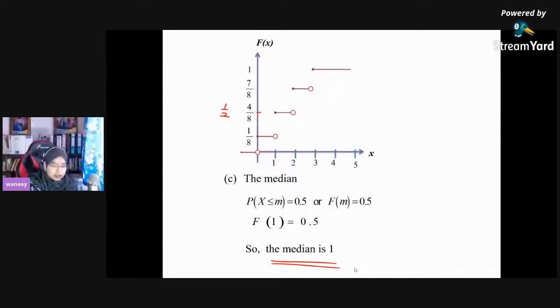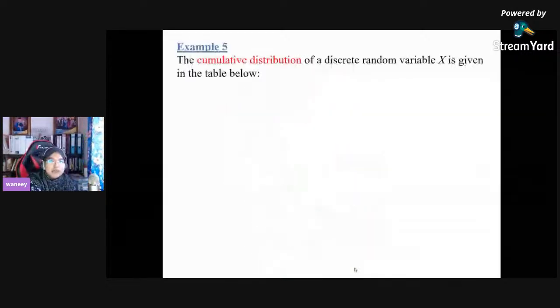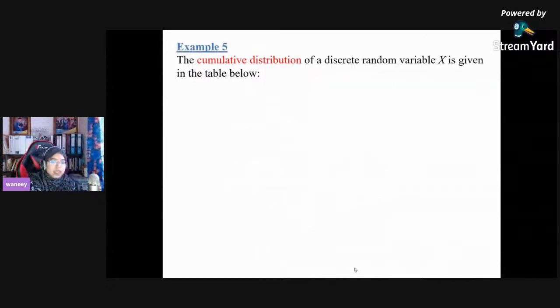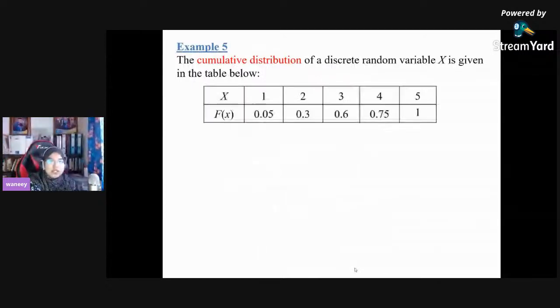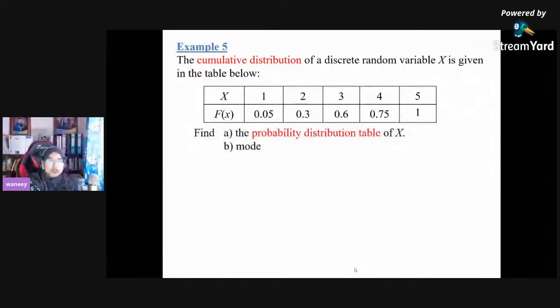Okay, next. So the cumulative distribution of a random variable x is given in the table below. So we are given the cumulative distribution now, and then they want us to find the probability distribution table of x and find out what is the mode.